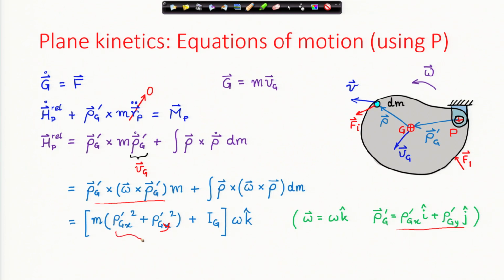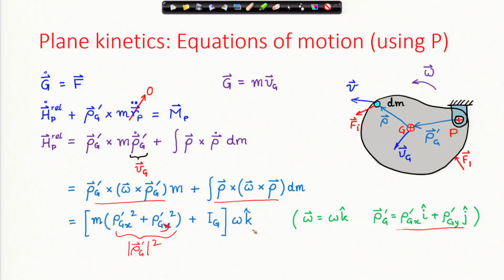This is nothing but the magnitude of the rho g prime vector square, plus the integral gives us I g times omega.